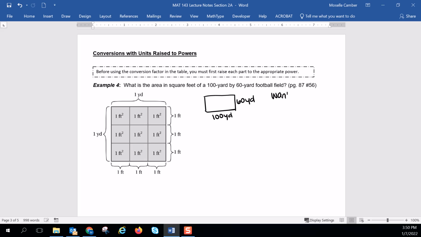What we want here is area in square feet, so we want some number with feet squared. They give us that the length is 100 yards and the width is 60 yards. And then of course to find the area, we know the area is going to be the length times the width.